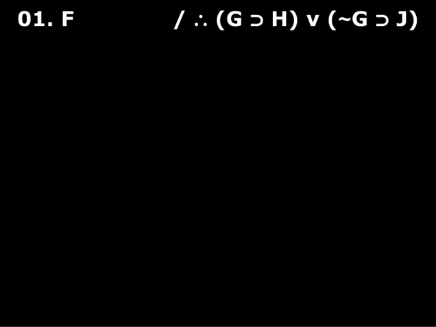One premise, which is F, conclusion, either if G then H, or if not G then J. Now what's interesting about this is if you look, the premise is just an atomic statement, F, and that atomic statement doesn't show up anywhere in the conclusion, which is kind of weird.